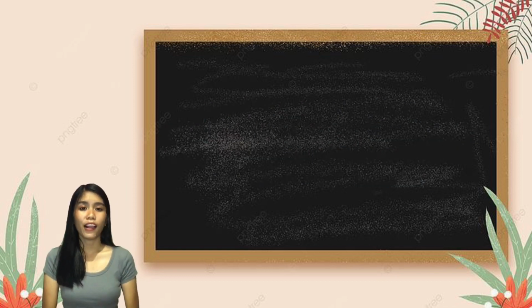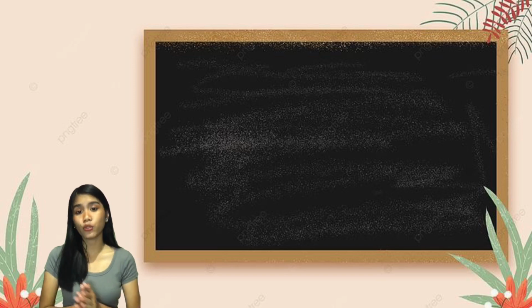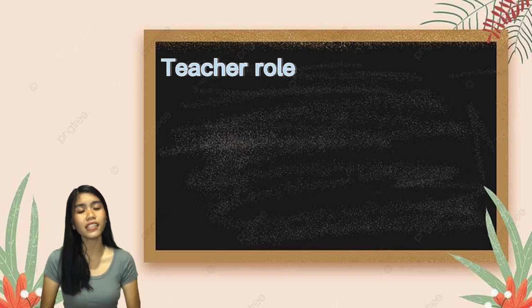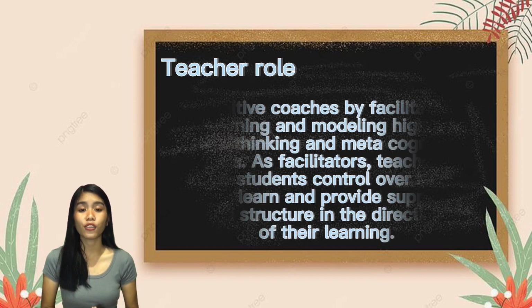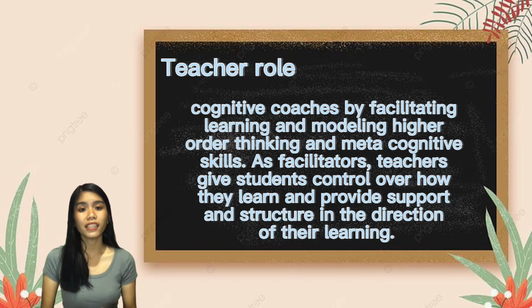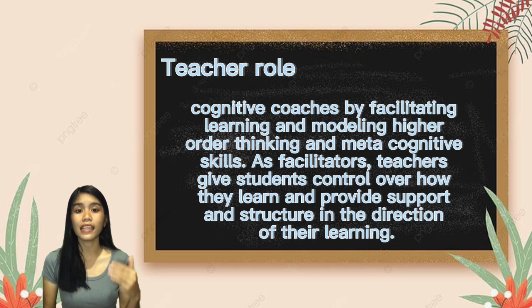So in PBL, there are teacher and student roles. So first is the teacher role. So teachers act primarily as cognitive coaches by facilitating learning and modeling higher order thinking and metacognitive skills. As facilitators, teachers give students control over how they learn and provide support and structure in the direction of their learning.